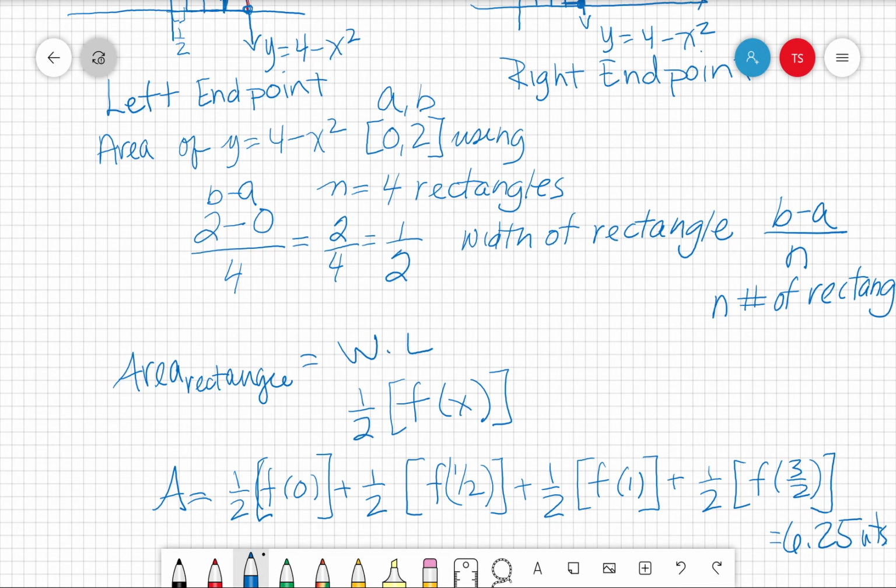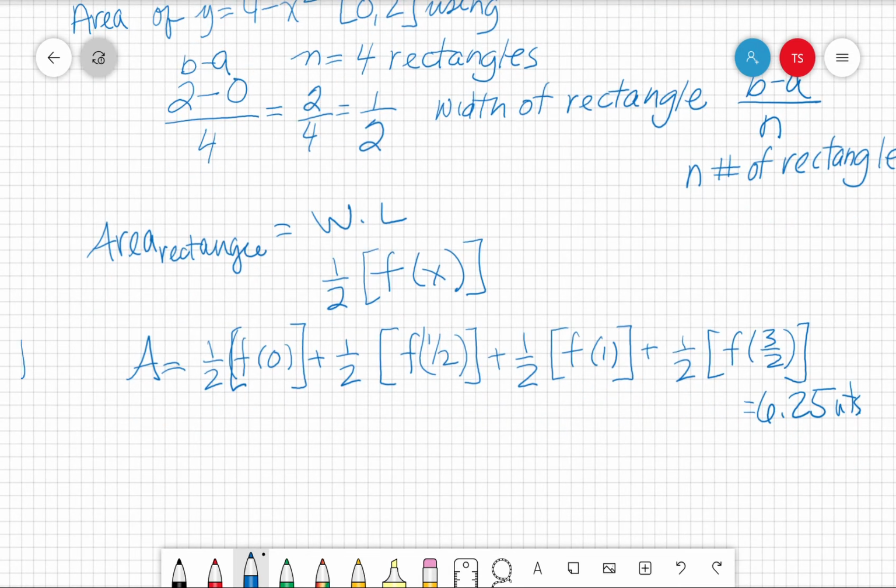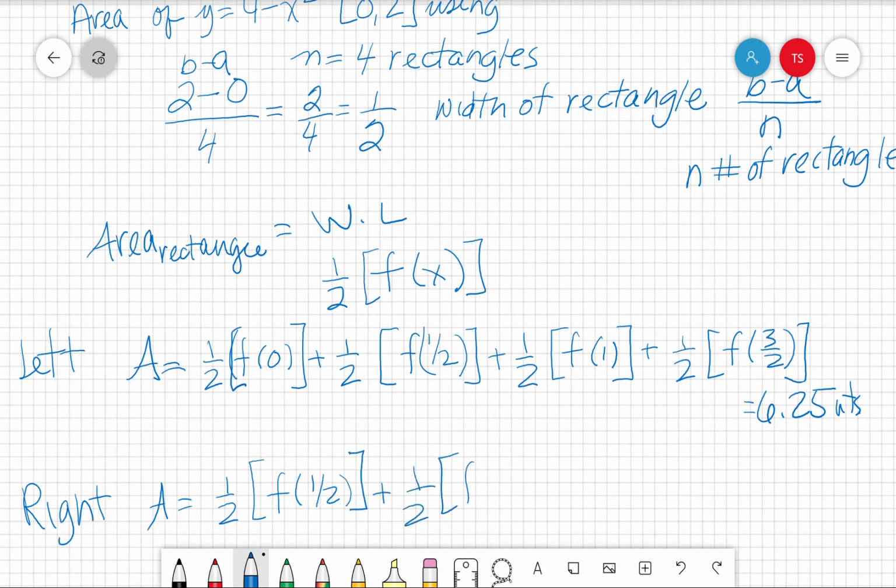So I can do the same thing with the right endpoint. So this is using the left endpoint. For the right endpoint, the area is going to be 1/2 f of 1/2, plus 1/2 f of 1, plus 1/2 f of 3/2, plus 1/2 f of 2.